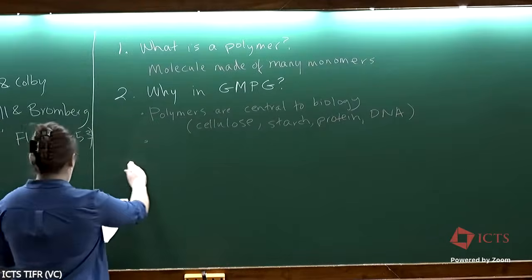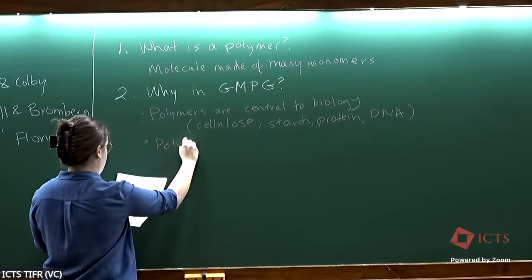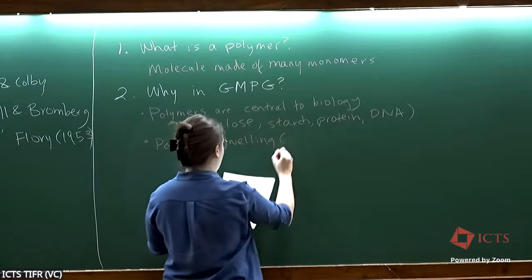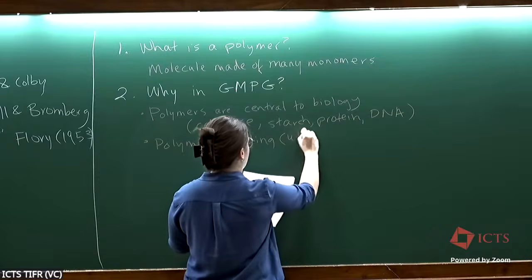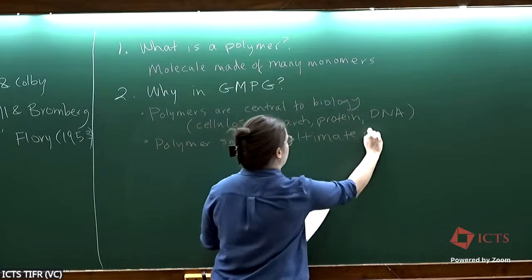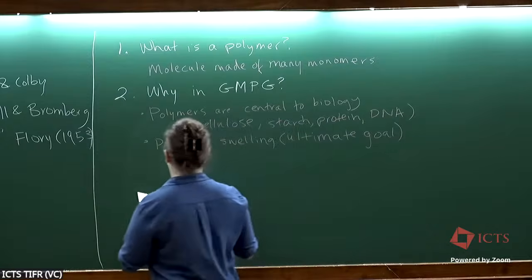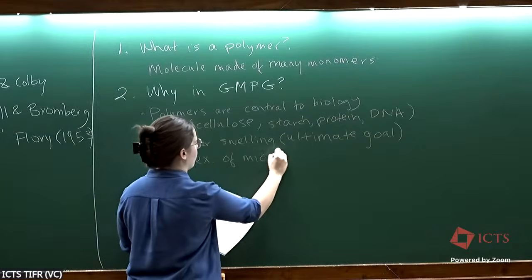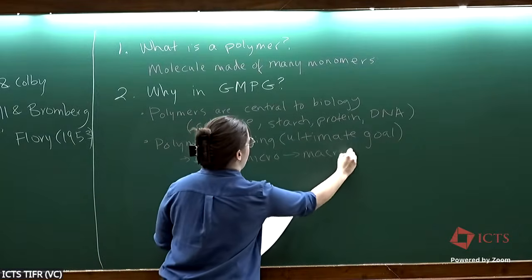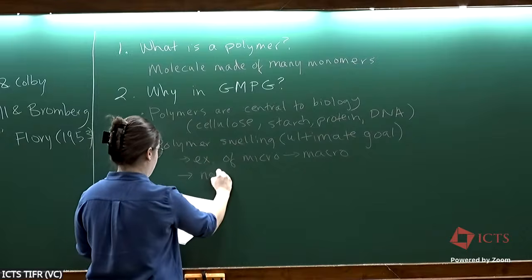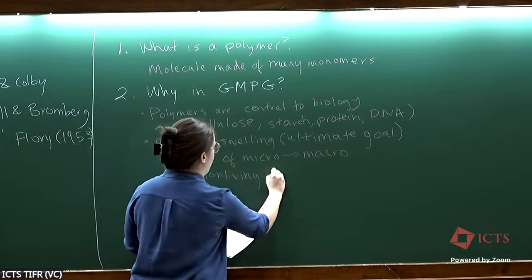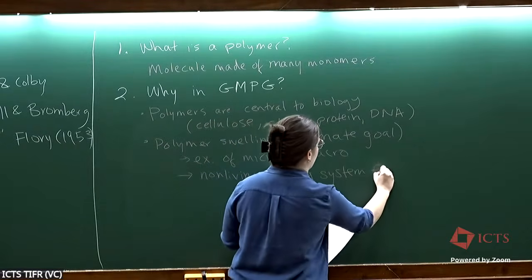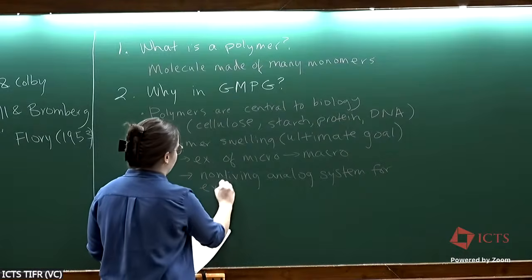So in words, polymer swelling, which is our ultimate goal, although I would be surprised if we got to it today, gives an example of micro to macro. And it also is a nice non-living analog system for exploring key topics.